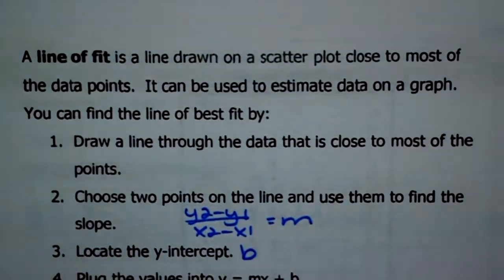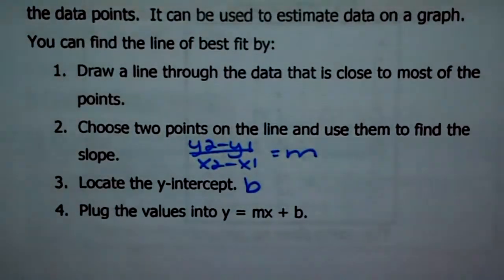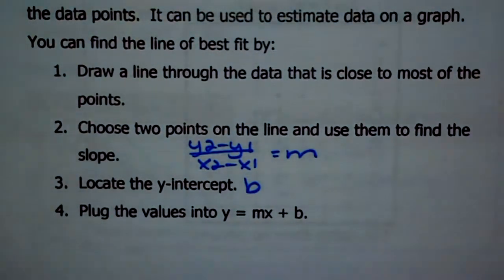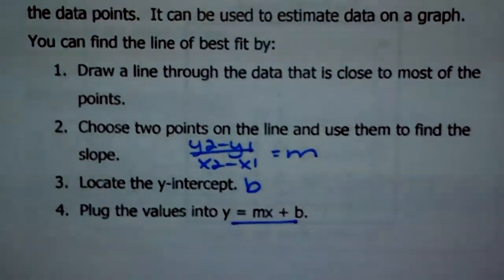Remember, that's your b. And we'll plug them into y equals mx plus b. Because if we're drawing a line on a graph, that means it's linear, and that means y equals mx plus b. We're not going to have a perfectly straight line. We're going to have a line of fit, or a line of best fit. We can come pretty close to estimating what the data will be.